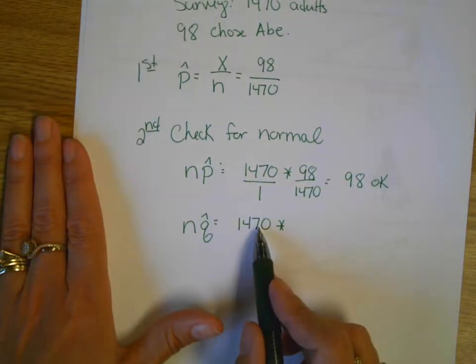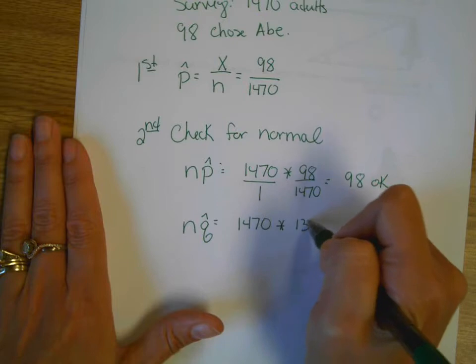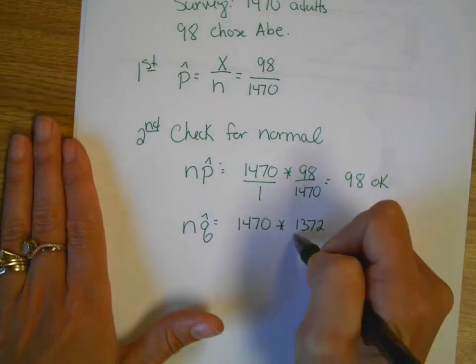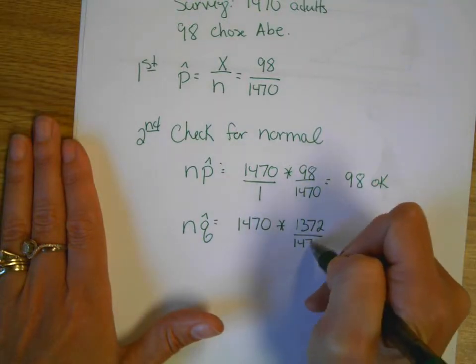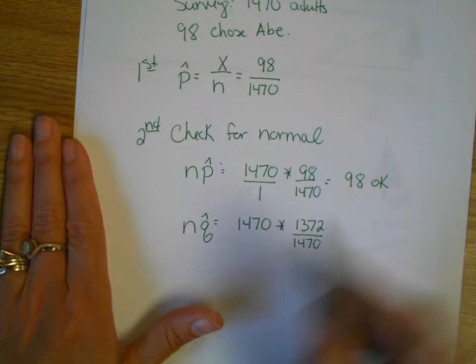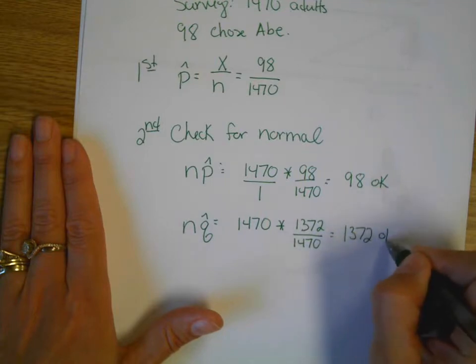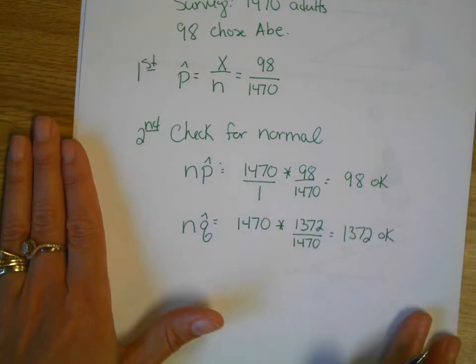If we subtract 100, that would be 1370. So 1372. I just subtracted 100 and then added 2 back on. So that's definitely over 5. So we're good to move on.